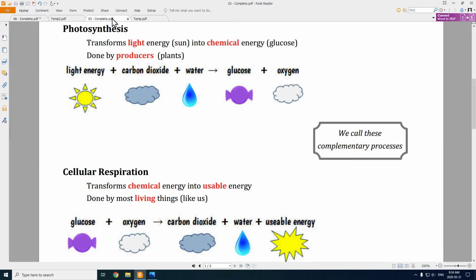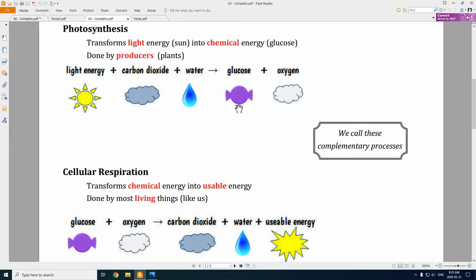Let's go back and look at our lesson from last week. Photosynthesis, that's where plants were taking sunlight, carbon dioxide out of the air, and water, and they were turning those into glucose, sugar, and oxygen. So the plants are taking carbon dioxide out of the air, carbon, and they are turning it into glucose, which has carbon in it.